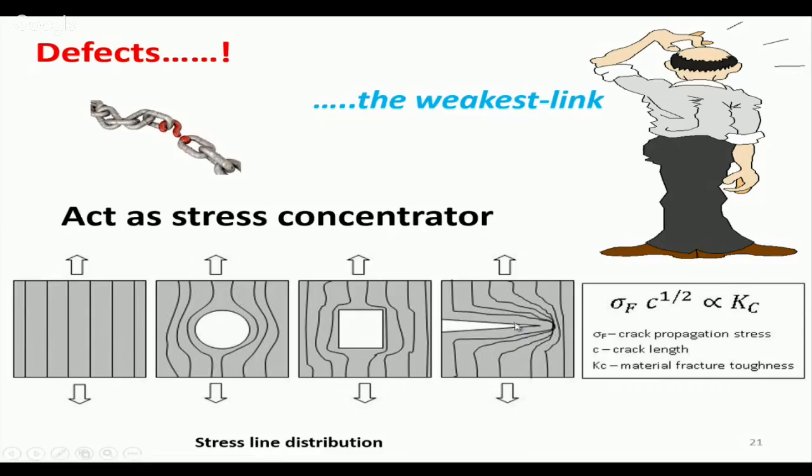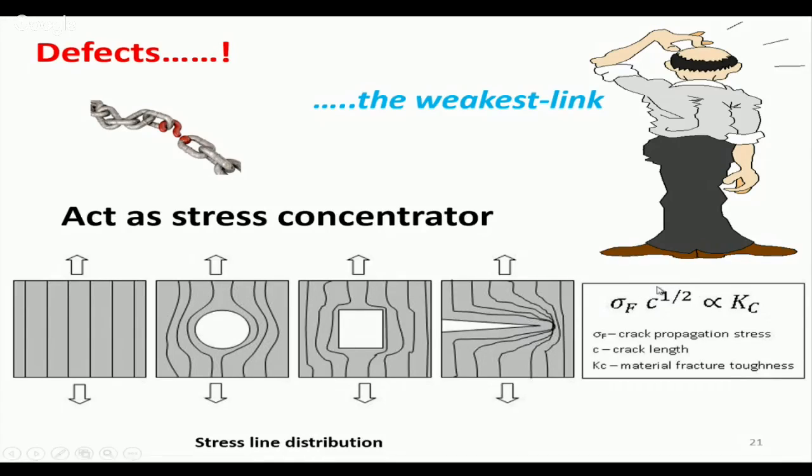So that is why ceramic materials have very low fracture toughness if they have very small defects, right, and the defects will grow and there will be failure. And that is why these notches act like a critical stress concentration factor. And as we know, fracture toughness is related to crack length.